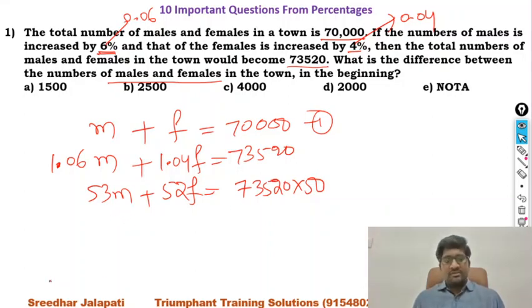There are many methods. One of the methods to solve, I am making M same in both equations. So for that, I am multiplying the first equation by 53 to make M same in both.